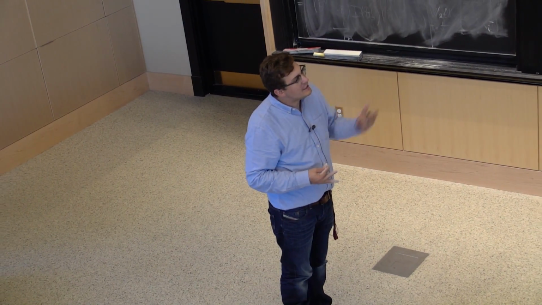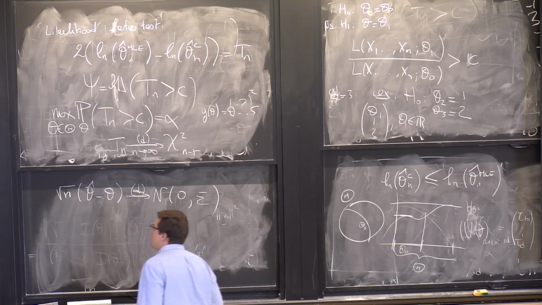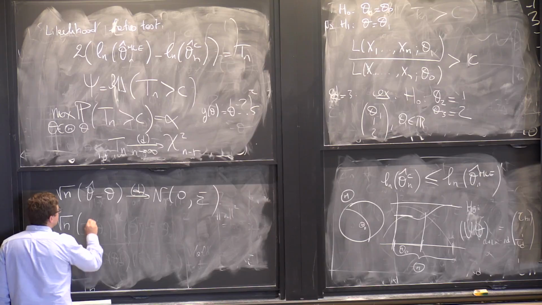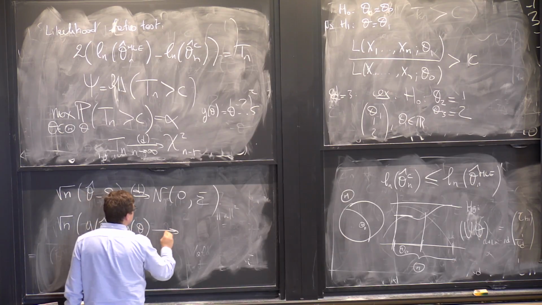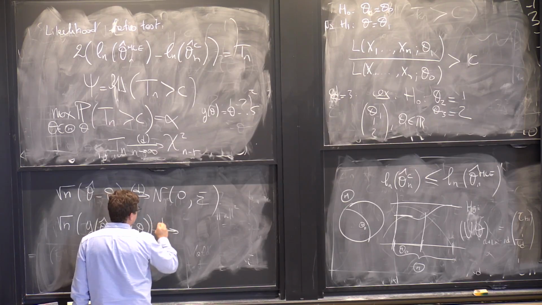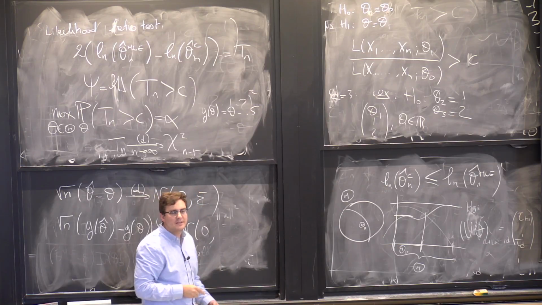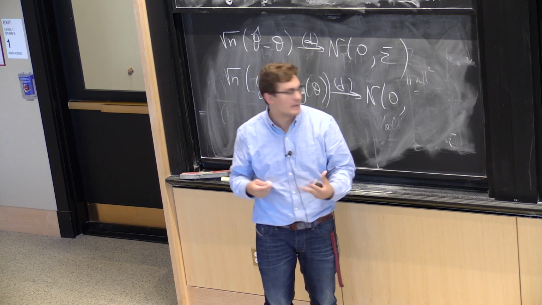And now I can actually just say, OK, if I know this about θ̂, I can apply the multivariate delta method, which tells me that square root of n times (g(θ̂) minus g(θ)) goes in distribution to some N(0, ...), and the price to pay in one dimension was multiplying by the square of the derivative, and we know that in multivariate dimension it's pre-multiplying by the gradient, post-multiplying by the gradient.